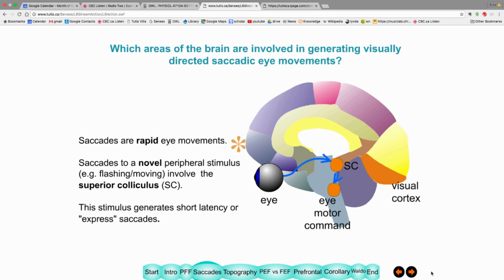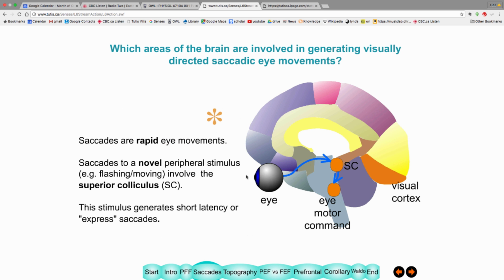Okay, now let's review again some of the pathways for making these saccades, the visual grasp reflex, that we began with, I think it was either lecture 1 or lecture 2. There's a pathway from the eye to the superior colliculus, and from there to the centers that control the movement of the eye.